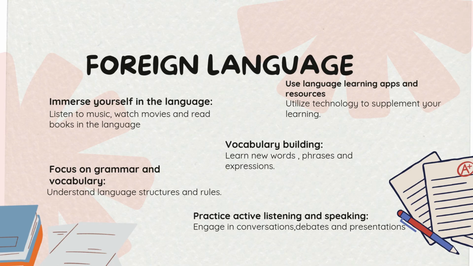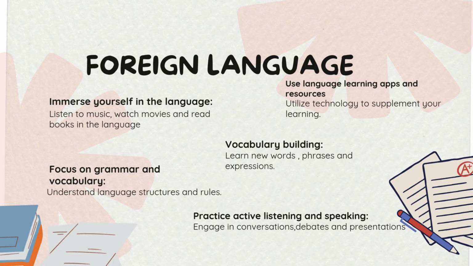Obviously you will have to put in more work than you would in first additional language, but it is exactly the same thing. You listen to music, watch movies, and read books in the language. Use language learning apps as well. Vocabulary building, you learn new words, phrases, and expressions. Focus on grammar and vocabulary.